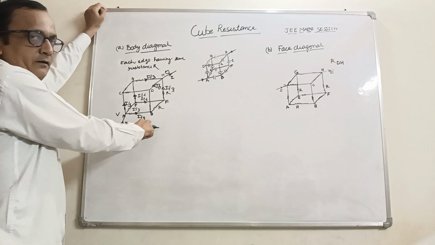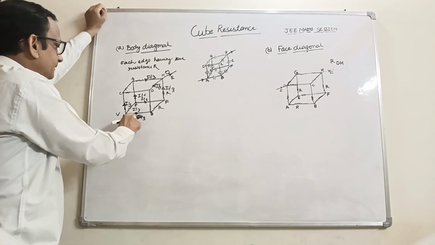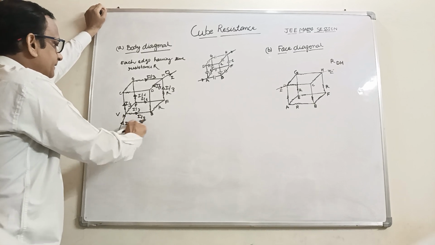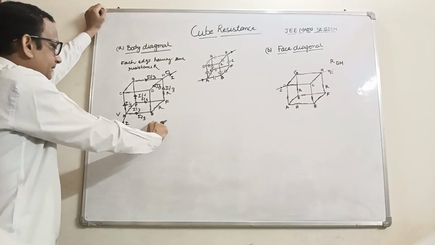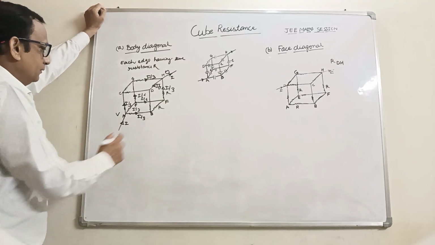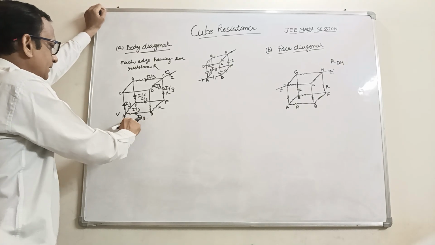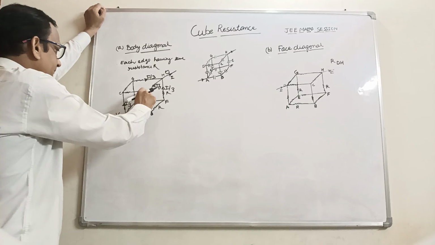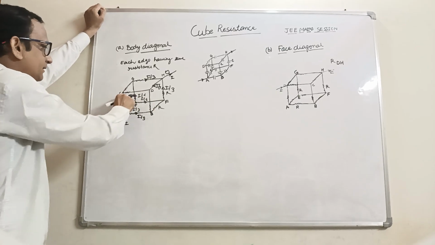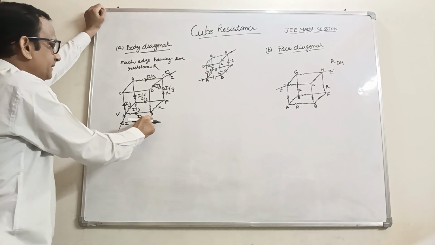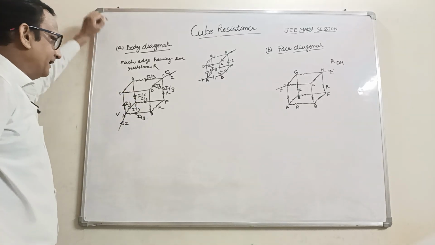While going in the direction of current, the potential drops across the resistance, so the potential would be V minus I by 3 into resistance, and the same at each. So C, E and B are equipotential points.